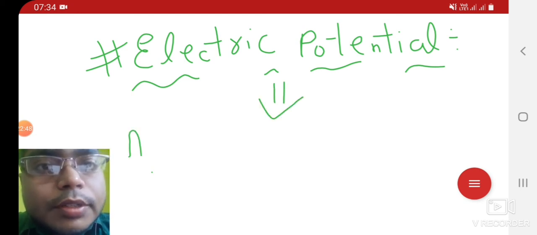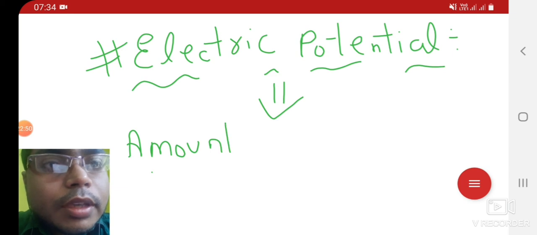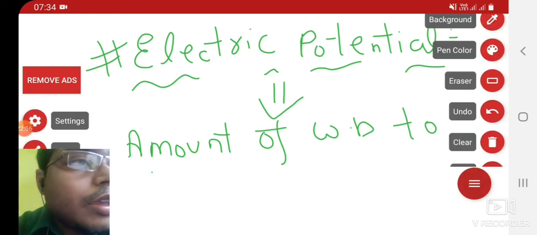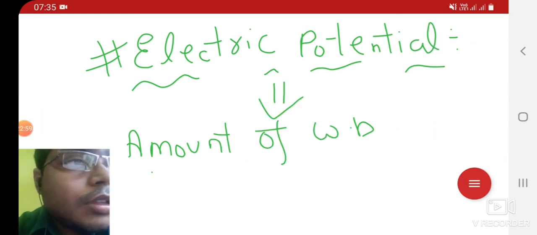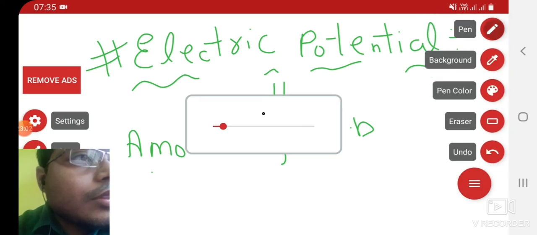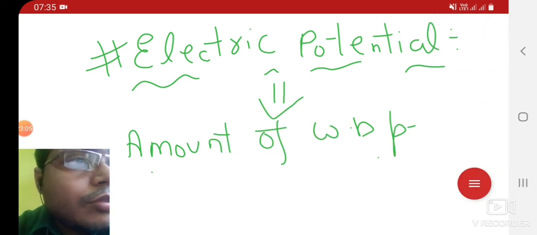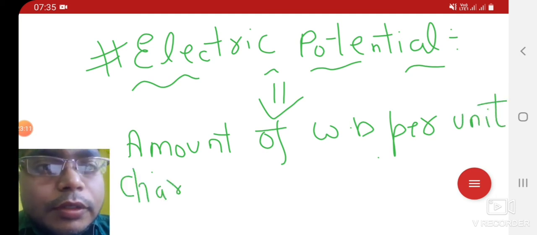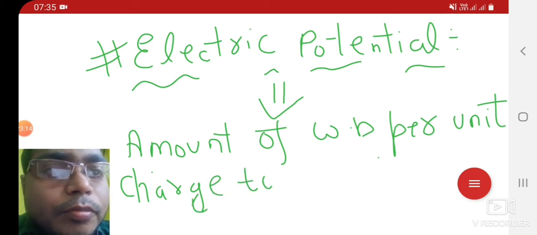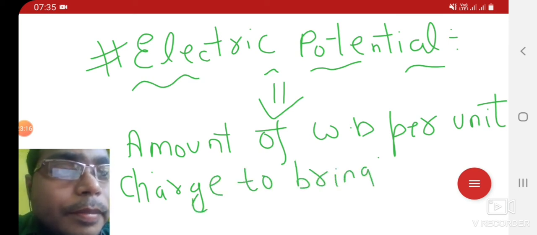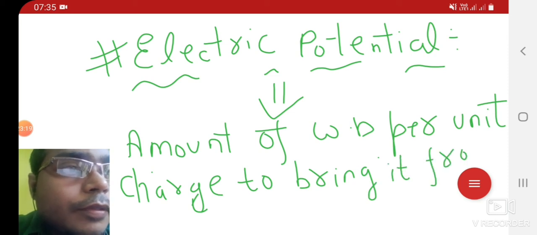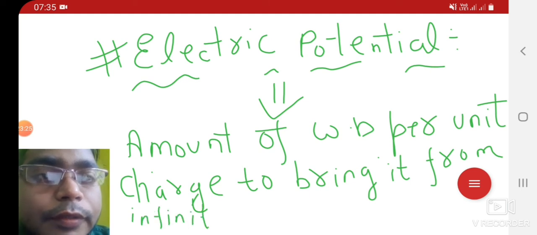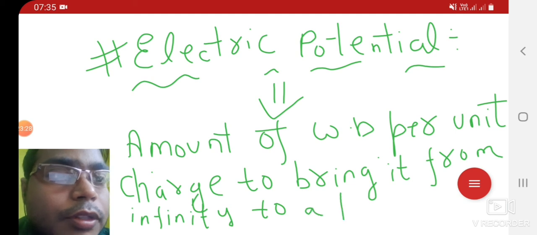So what is electric potential? The definition is given like this, that it is the amount of work done per unit charge to bring it from infinity to a point.